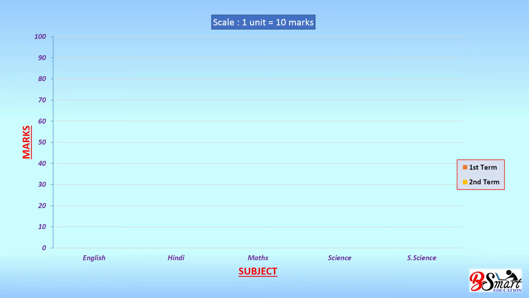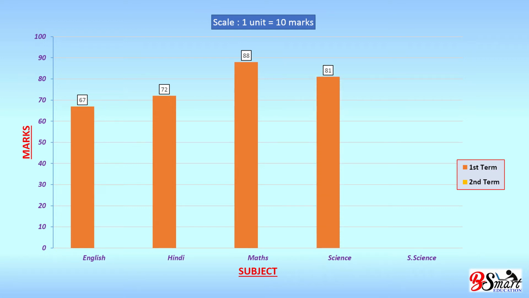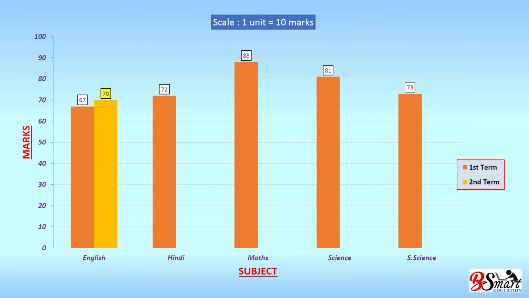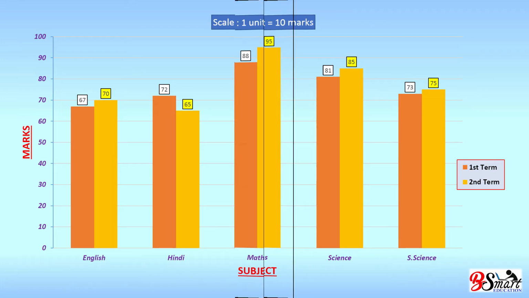Orange bar represents first term marks and yellow bar represents second term marks. In English, first term marks 67, in Hindi 72, in maths 88, in science 81 and social science 73 marks. In second term, 70 marks in English, 65 marks in Hindi, 95 marks in maths, 85 marks in science and 75 marks in social science. Like this, you have to draw double bar graph.